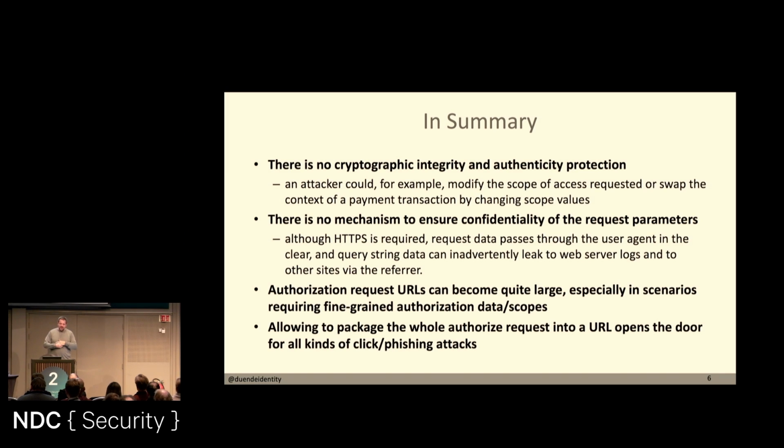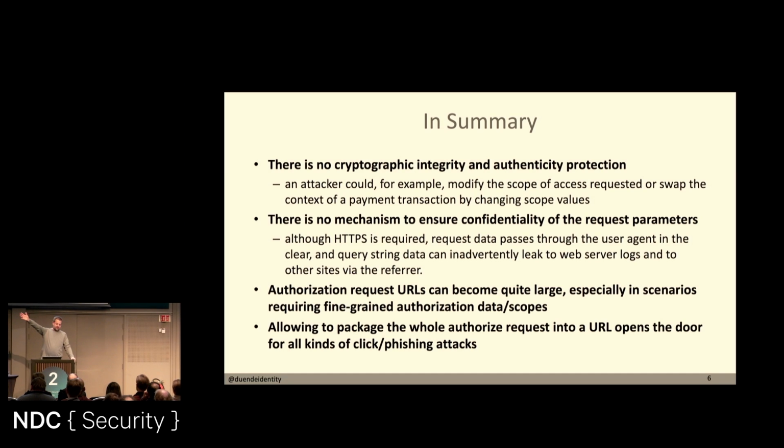And the last thing, which is also pretty nice from an attacker's point of view, is that this is a self-contained URL, right? You can just write your own authorize URL and put it into an email and send it to someone and say, click here to win an Xbox. Right? And they say, okay, Xbox, can't be wrong, let's click this thing. But what you're actually clicking on is an authorize request.